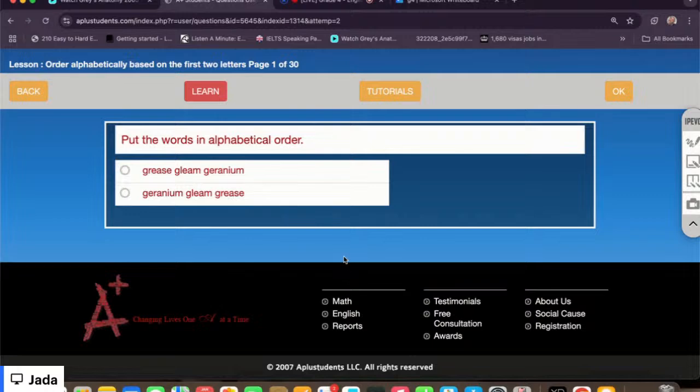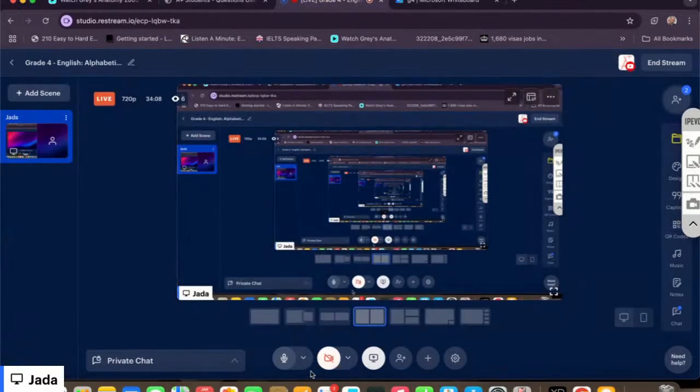So first question, we have grease, gleam, and geranium. So what is the right order here? Send me your answers on the chat.